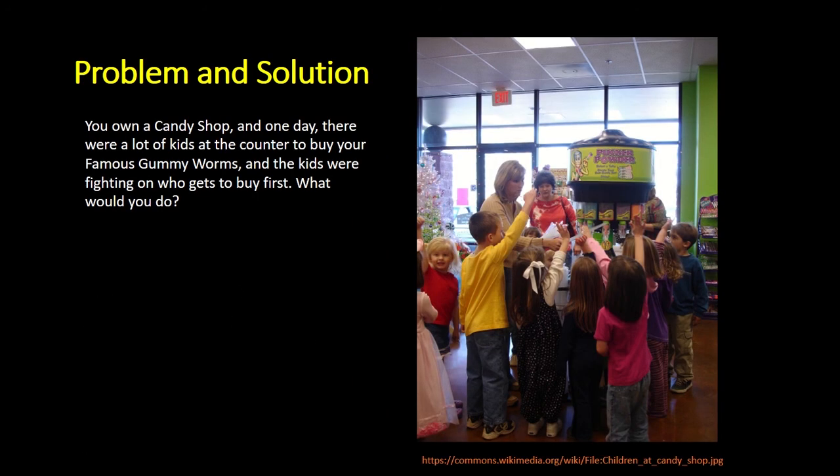So here is a little problem solution. Let's say you own a candy shop, and one day there were a lot of kids at the counter to buy your famous gummy worms. And the kids were fighting on who gets to buy first. So what would you do?